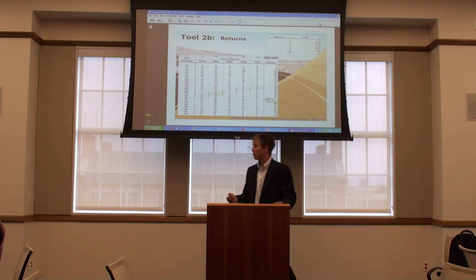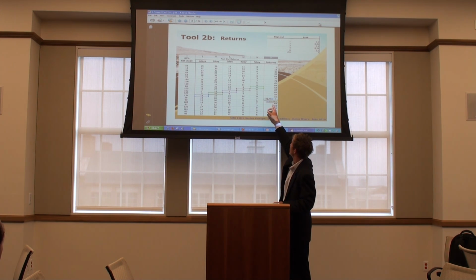And as you can see for this cell here, the returns for that day are based on the 5-day returns for the demand for the day 5 days prior, and then 4 days, 3 days, 2 days, 1 day. So you can see how it works down, and that's your returns for that day.